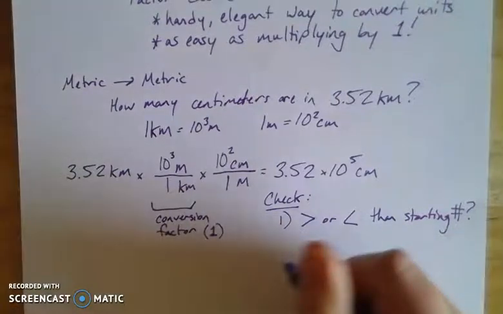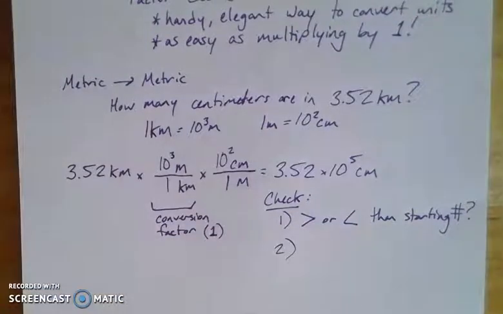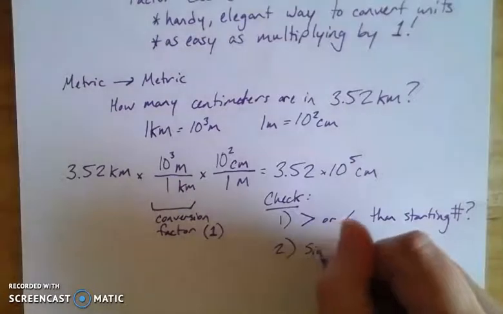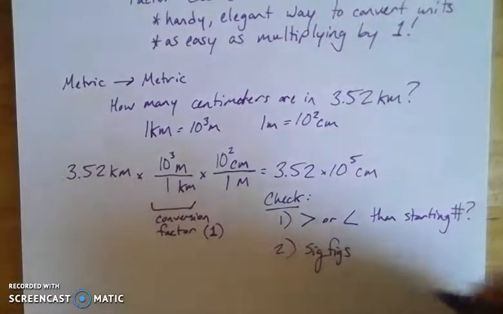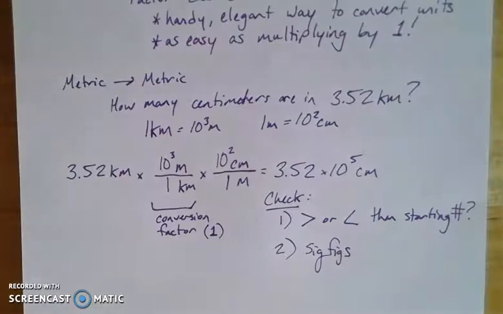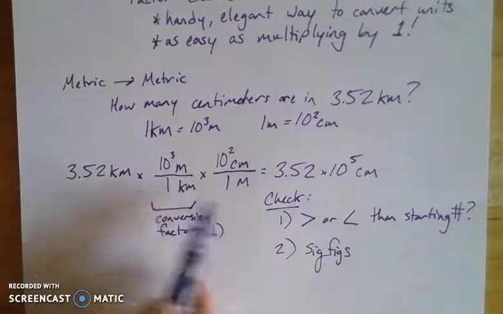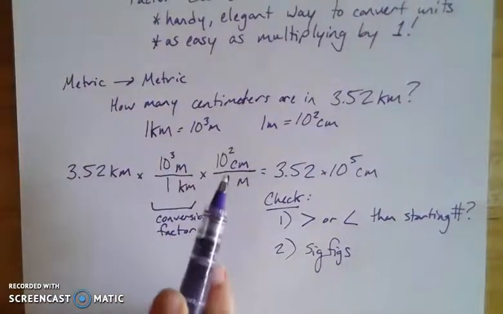The second thing that we check, as scientists who are concerned with measurements and the precision of our measurements, is sig figs. I have a video on significant figures and the rules and how we round. If we're thinking about sig figs with dimensional analysis, we're doing multiplication and division.